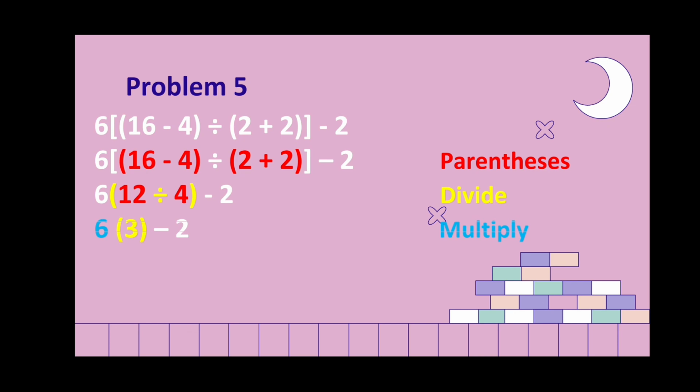At dahil isang number lang naman yung nasa loob ng parenthesis, wala naman tayong ibang gagawin dyan. Hindi katulad ng 12 divided by 4, so may operation which is division. So, dito dahil 3 lang ang nasa loob ng parenthesis at ang katabi niya ay 6, we're going to multiply them. So, we have a 6 times 3 equals 18. And then now, we're going to subtract. 18 minus 2 equals 16.